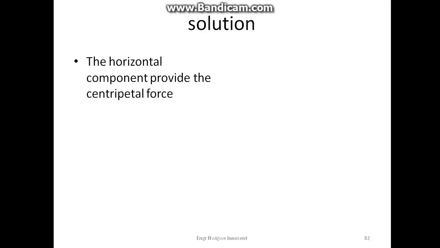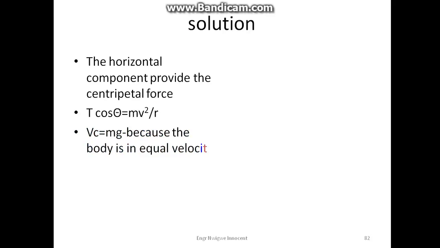Solution. The horizontal component provides the centripetal force. T sin theta is equal to mv squared over r. T cos theta is equal to mg because the body is in equilibrium vertically.